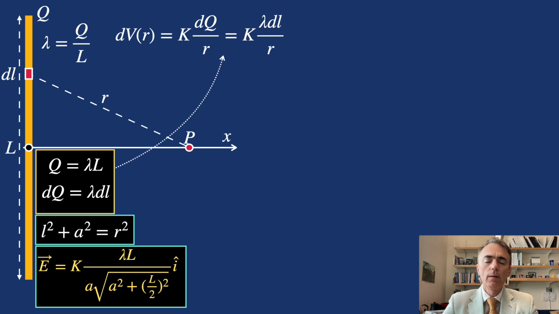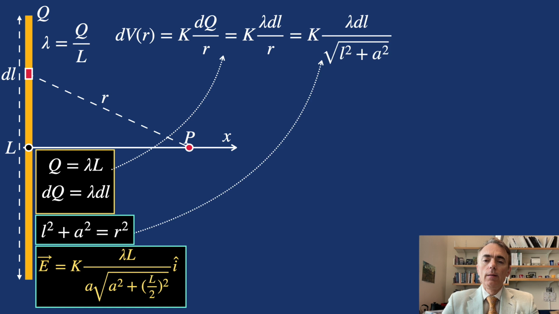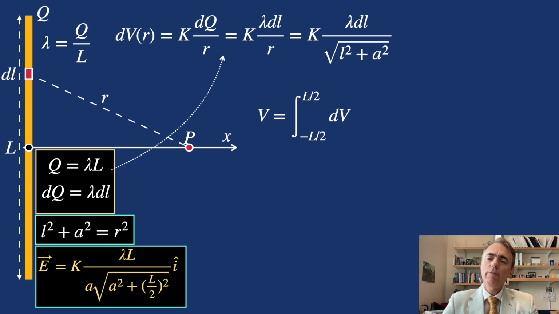That is, I integrate, as before, between negative capital L over 2 to positive capital L over 2.